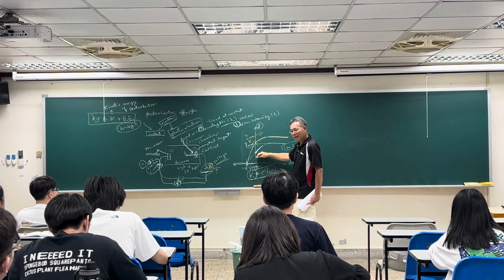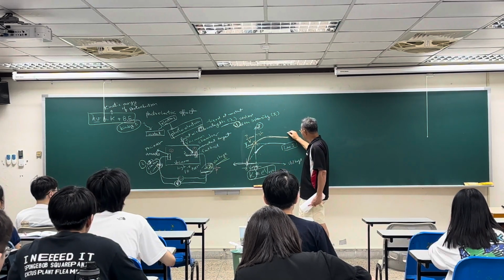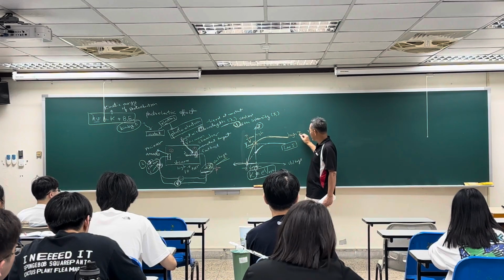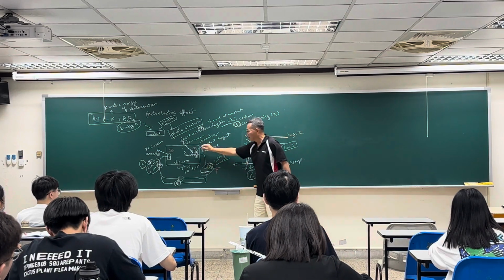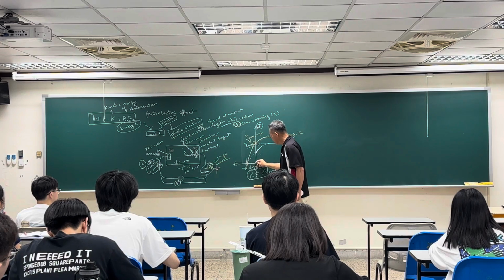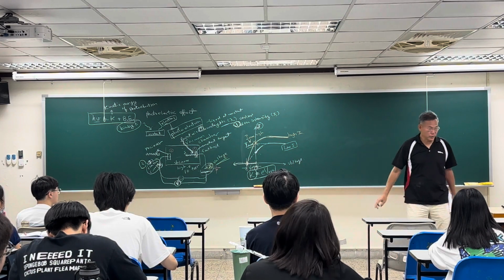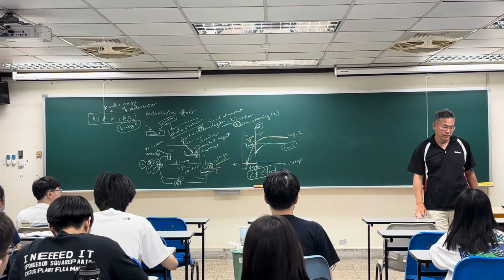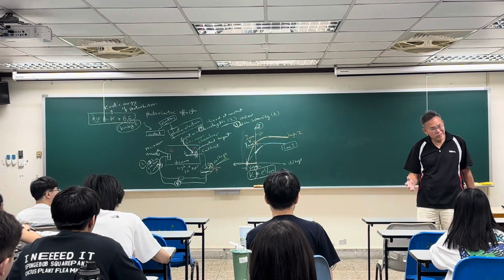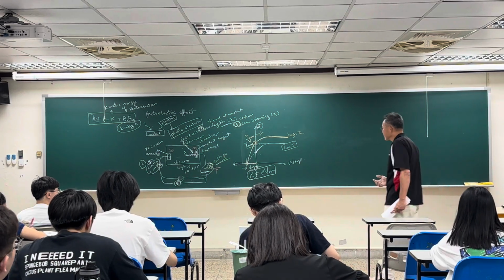But surprisingly, Einstein found the low intensity and the high intensity of the input light have the same reverse voltage. That triggered a mystery for Einstein. Why?